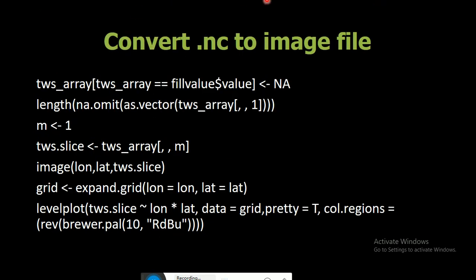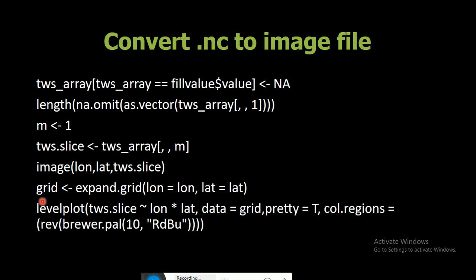Now in this section we will convert the .nc file to an image file. We have arranged the array. Now this array is converted into slices for the image. There are 3 slices: latitude, longitude, and the time dimension. After that, make a grid file.